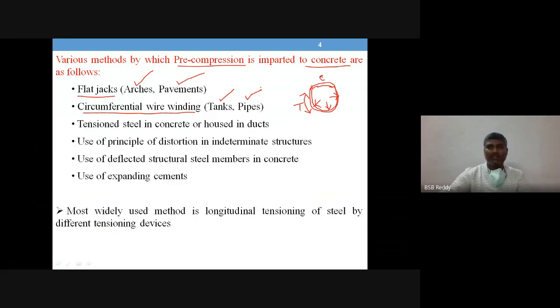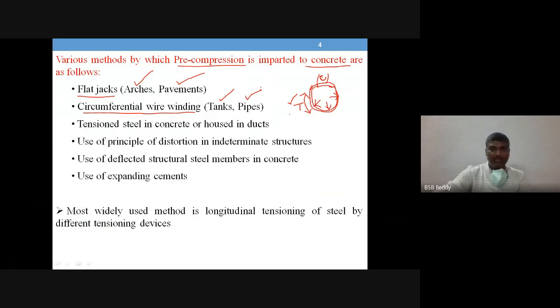So there will be compression already in the concrete, and when the member, maybe a pipe or tank, is in service, meaning fluid enters, then tension starts appearing. So that will be counteracted by the compression which is already there. So the final stress may be some remaining value of compression, or at most zero.